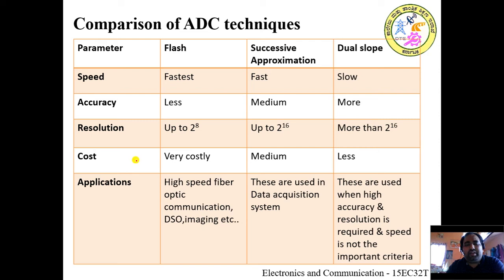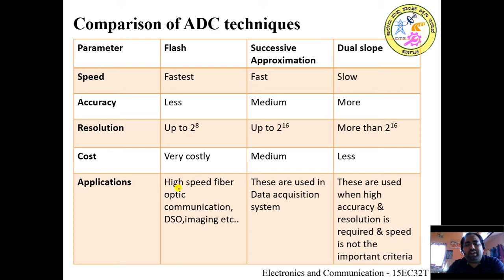And the next parameter is the cost. The flash type of ADC is very costly, whereas the successive approximation type of ADC is somewhat less costly compared to flash type of ADC. In case of dual slope type of ADC, it is the least costly among the three. And the next parameter is the application.